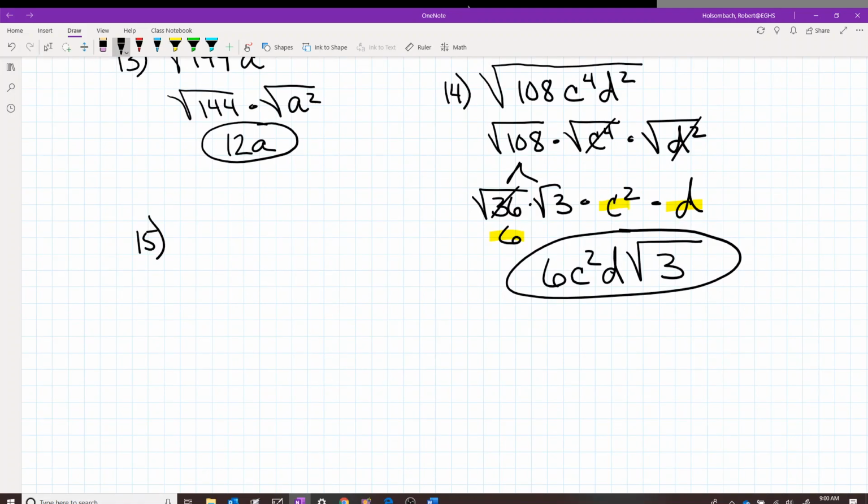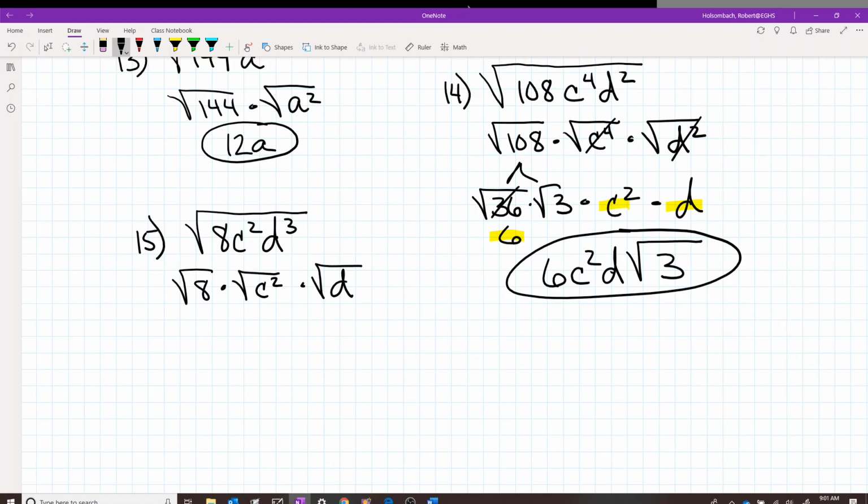Number 15, square root of 8 c squared d to the third. Again, you're going to break it apart. Square root of 8 times the square root of c squared times the square root of d to the third. Your 8 simplifies to the square root of 4 times the square root of 2.